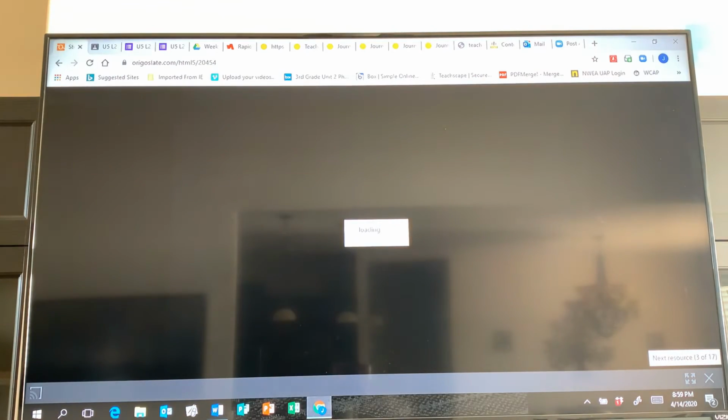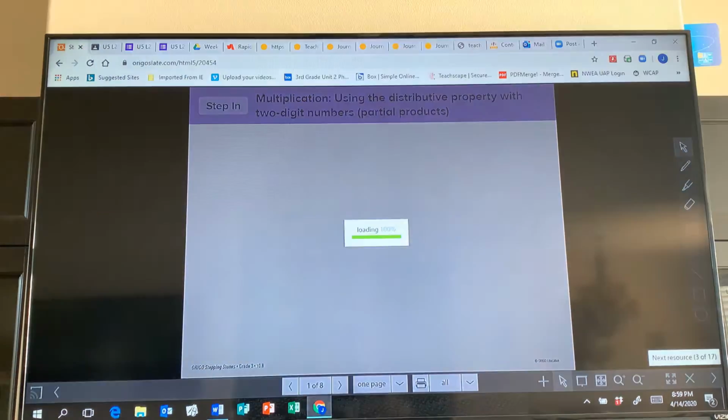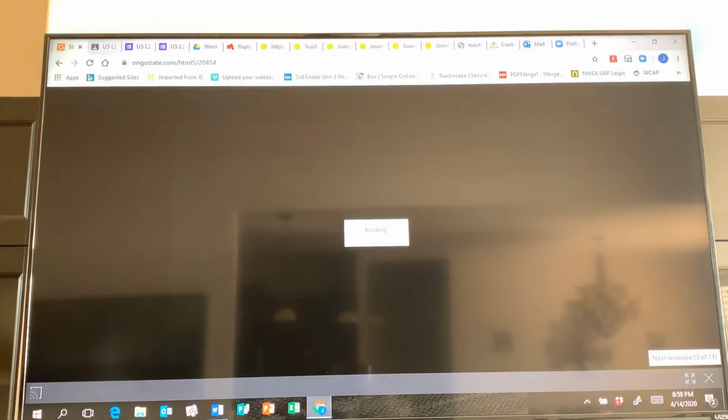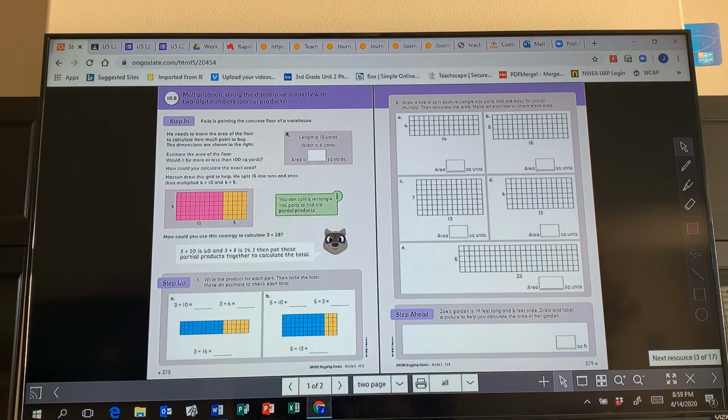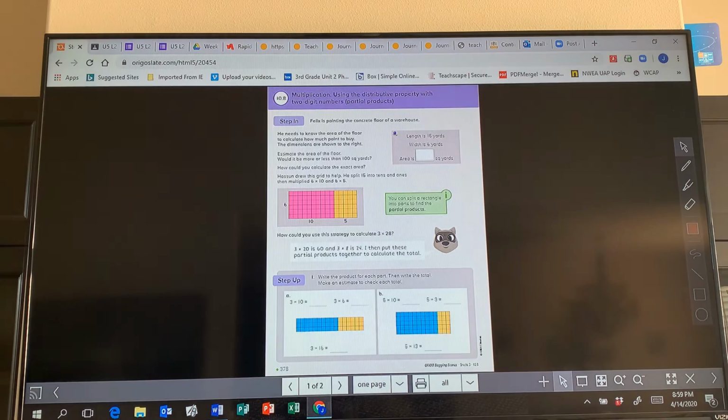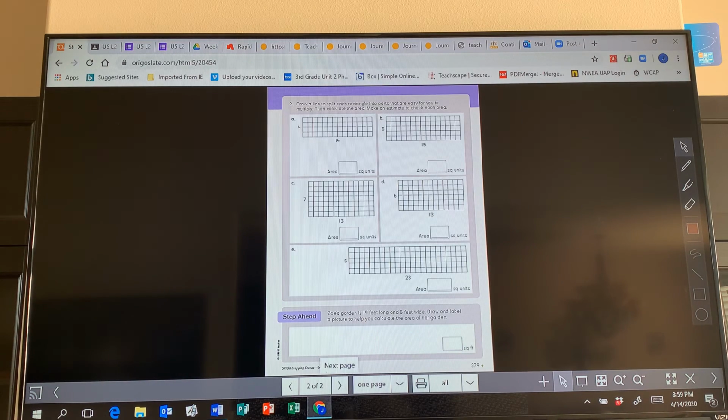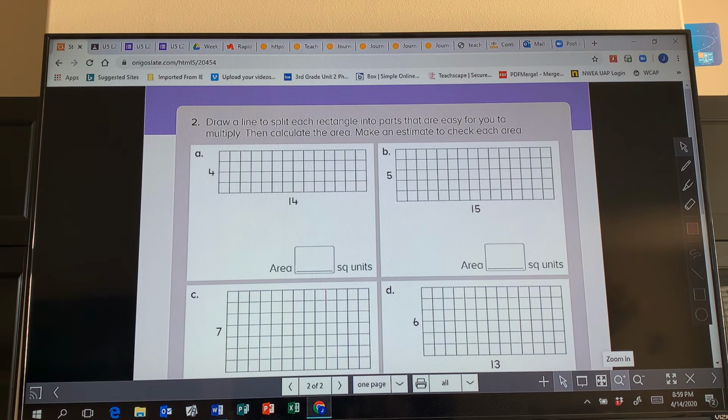Now, if we go into our lesson, these are your work pages, correct? Okay, you can see that you're going to have similar problems, okay? Make sure that when you get to this second page, and I'll go ahead and move over to there, and let me go ahead and increase this a little bit, that you divide it into 2 partial parts of the entire rectangle array.